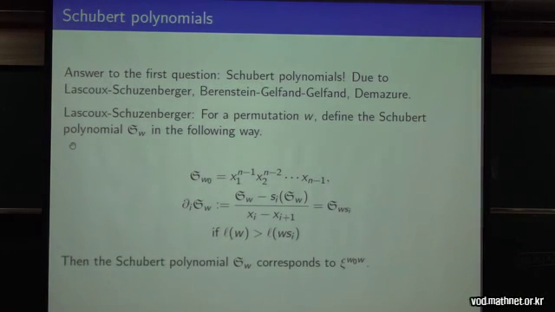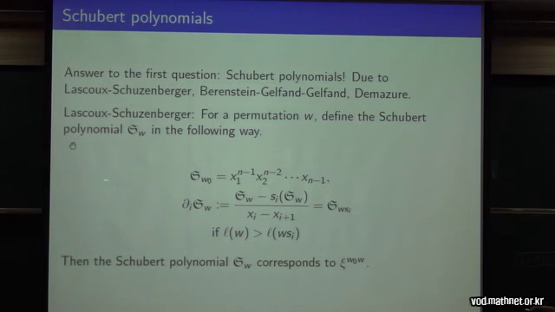It's called the Schubert polynomial, and it's defined as follows. W0 is the longest element in the permutation group, and for that permutation, the polynomial is x1 to the n minus 1, x2 to the n minus 2, dot dot dot, x sub n minus 1.